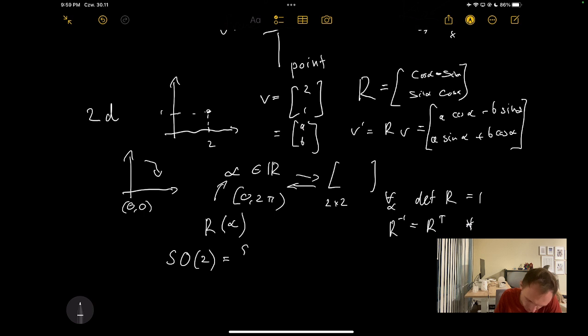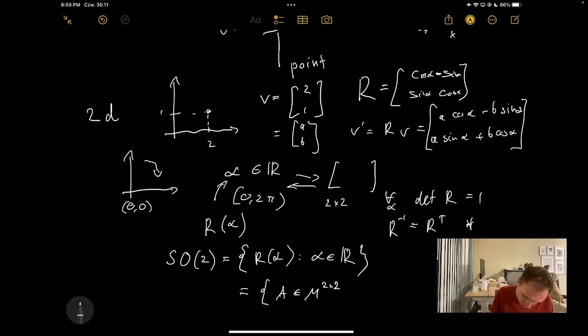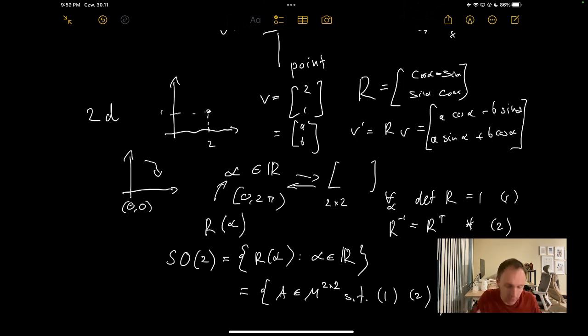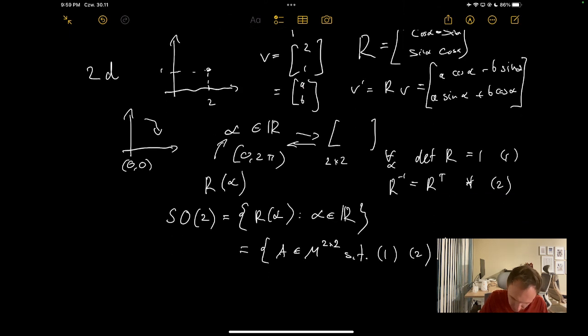One way to define it is as the group of all possible rotations, and this is actually equivalent to saying it is the group of all matrices such that 1 and 2 are true. So those are equivalent. There's an interesting correspondence between those two things. And bear with me, I mention it for a reason.